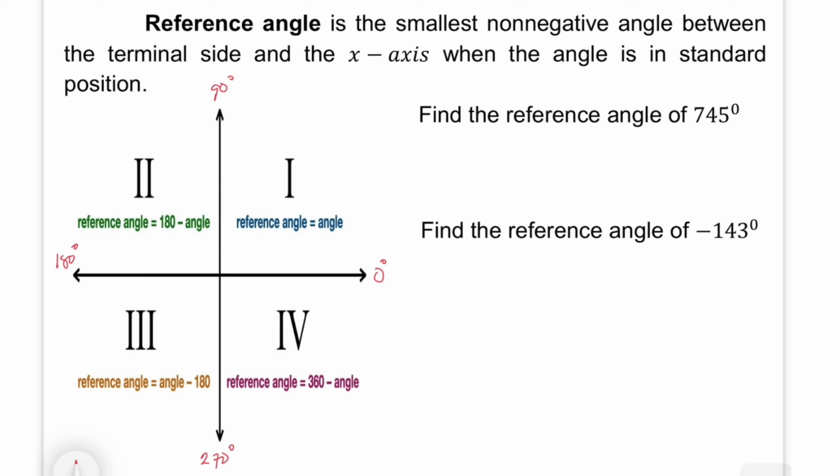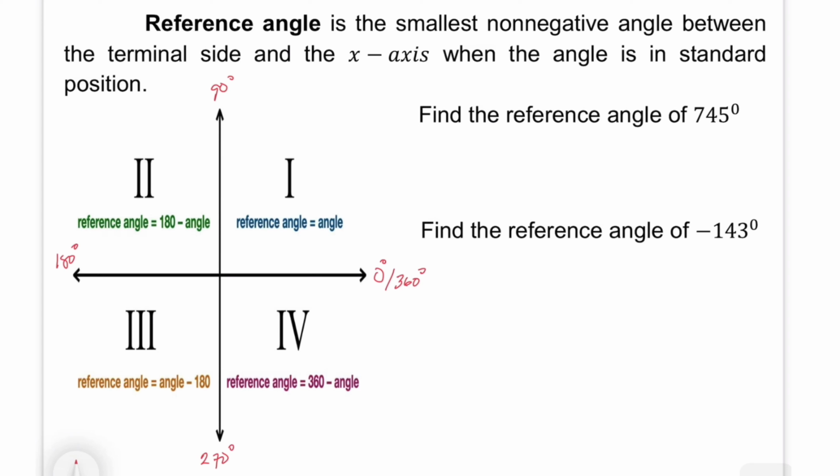Greater than 90 but less than 180 degrees, that is quadrant 2. Tapos greater than 180 but less than 270 degrees, that is quadrant 3. Tapos greater than 270 but less than 360 degrees, that belongs to quadrant 4.